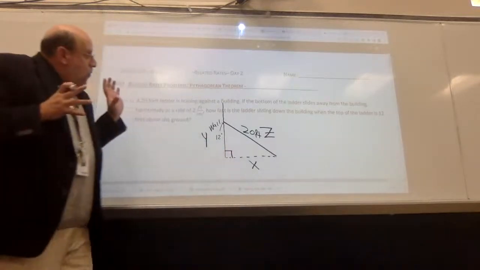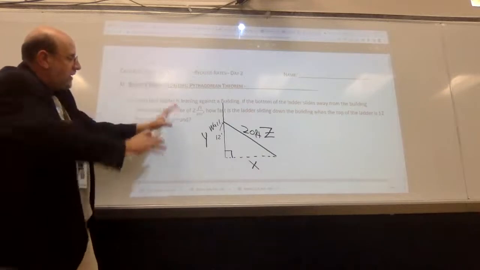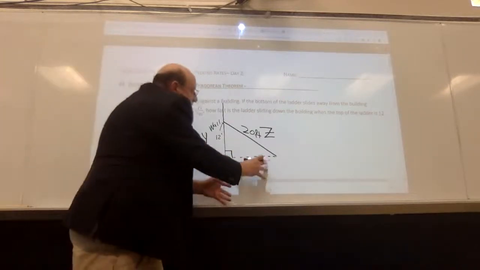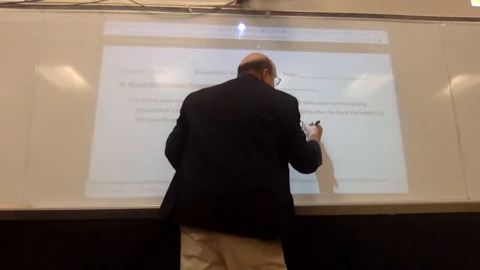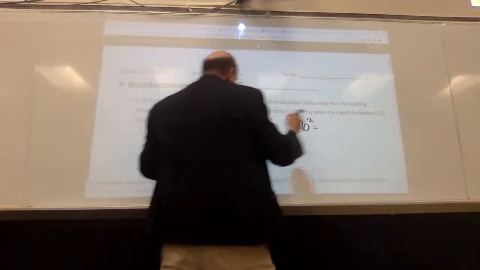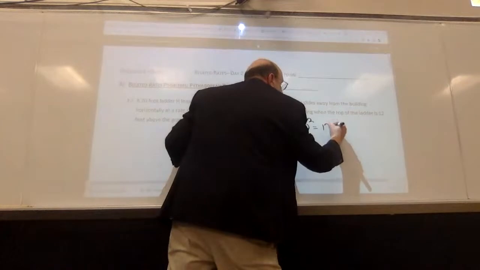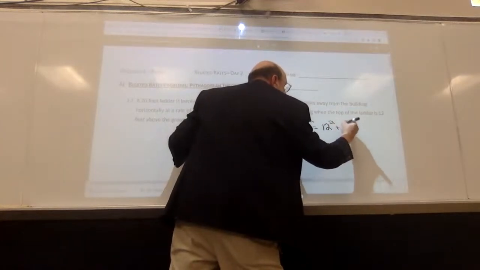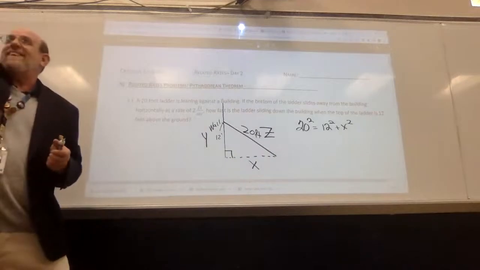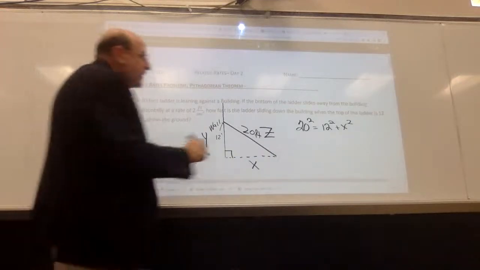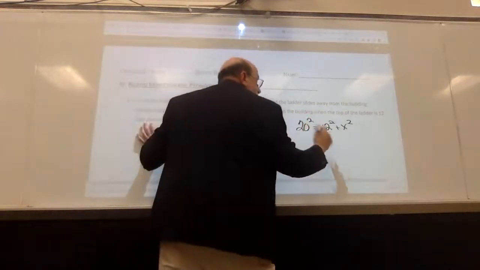So we're moving on. We have this idea. We can figure out what x is just by using Pythagoras. And we're going to say that 20 squared is equal to 12 squared plus x squared. And now we do the math, right?